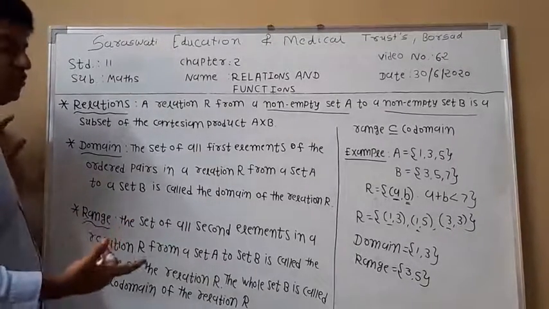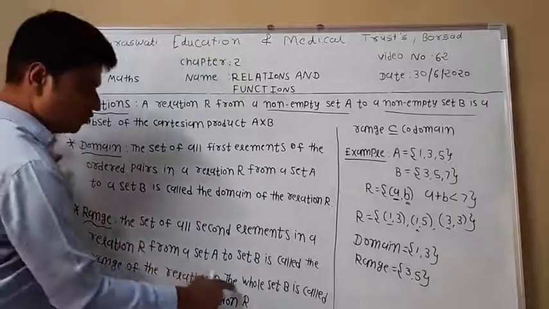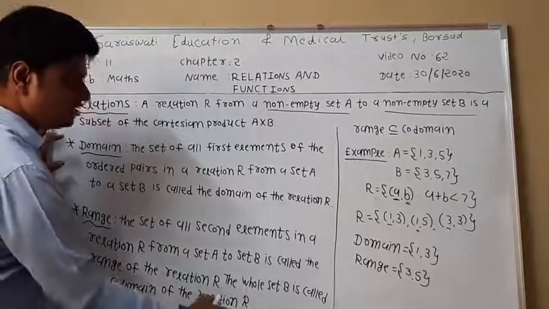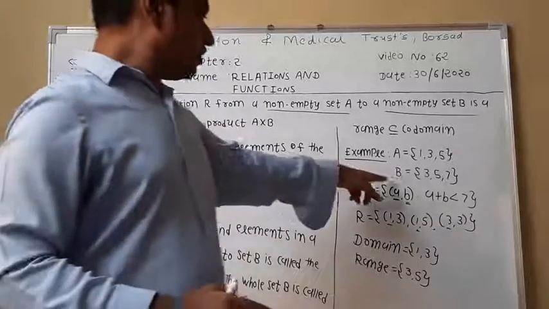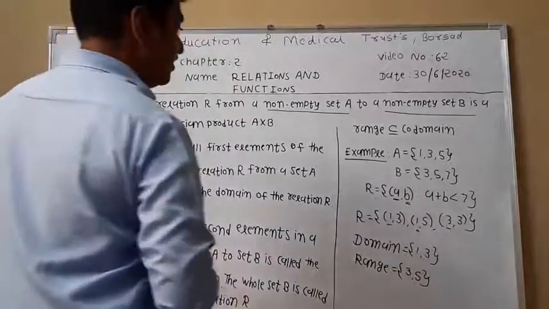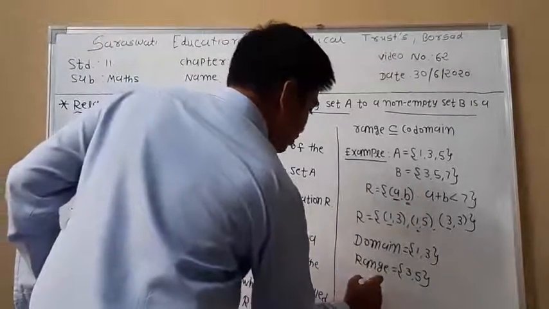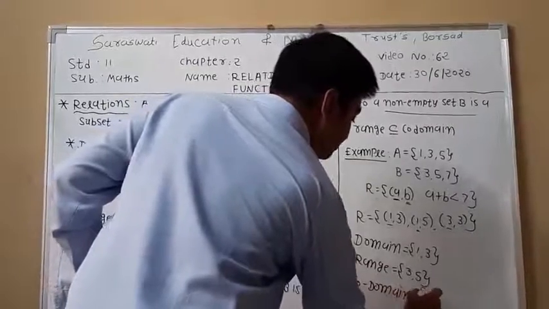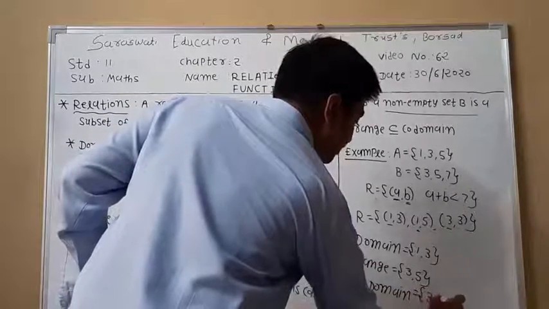And what is the meaning of codomain? The whole set B is called the codomain of the relation R. All the elements of set B, that means 3, 5 and 7, are our codomain. So we can write codomain = {3, 5, 7}.